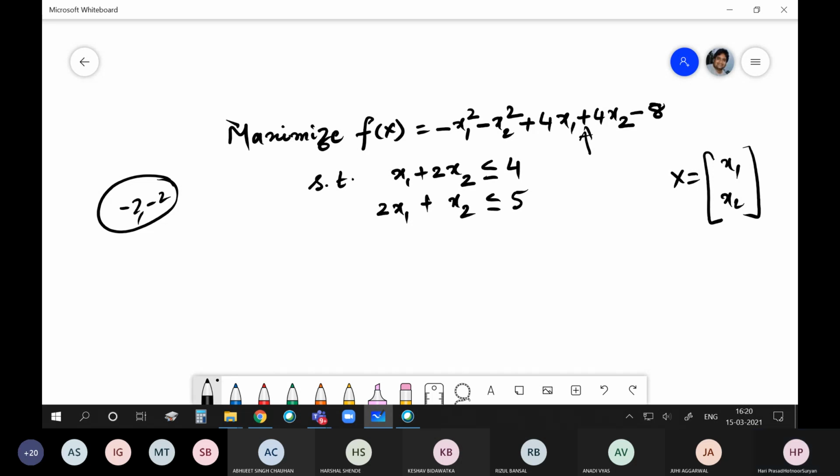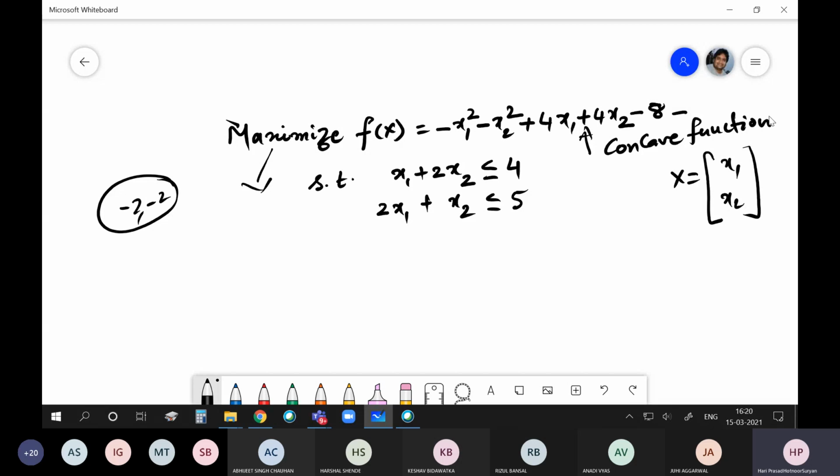Okay. So basically what is the type of function it is? Because all the eigenvalues of the Hessian matrix are negative, it is a concave function. So you will have a maximum.